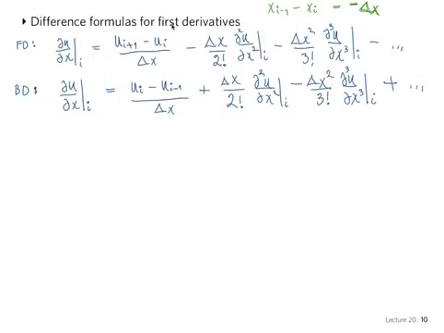Now we notice that the first order terms here, the dominant first order error or truncation terms, have opposite signs.